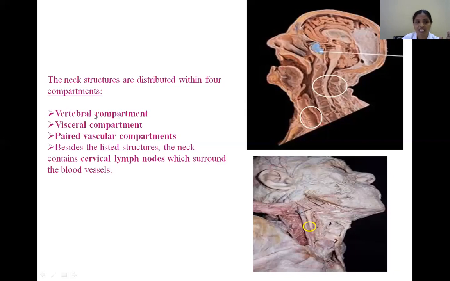Then the muscles which are arranged in front of the vertebrae, prevertebral muscles, and on either side of the vertebrae, paravertebral muscles, and posterior to the vertebrae, posterior vertebral, otherwise called the deep muscles of the neck. Okay. So as you know, in front of the vertebra, what are the important muscles?